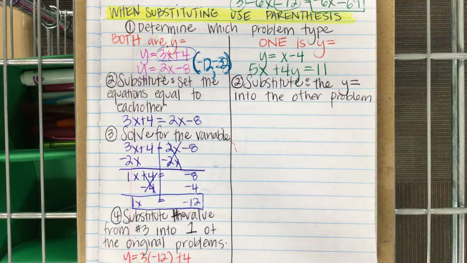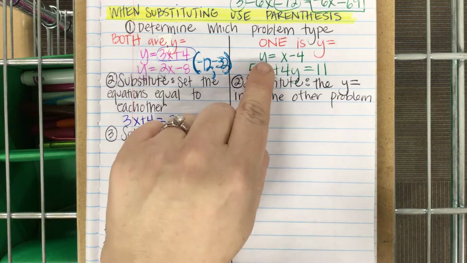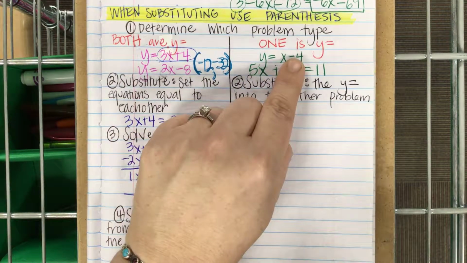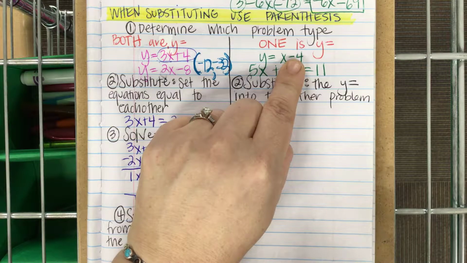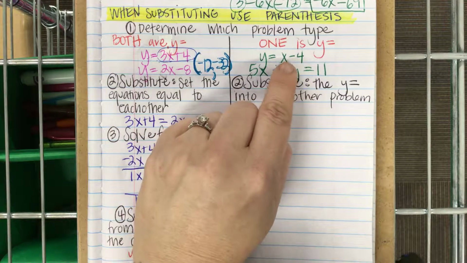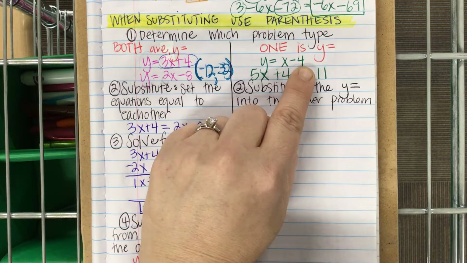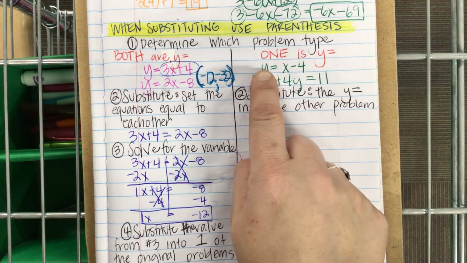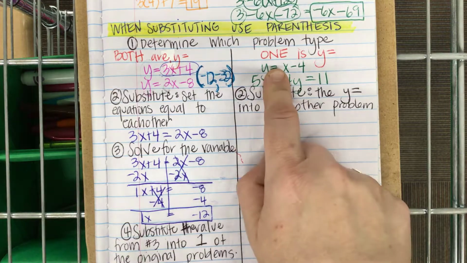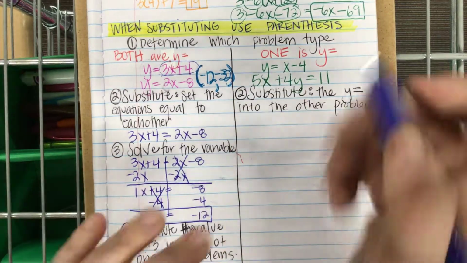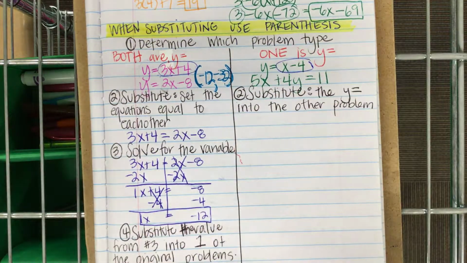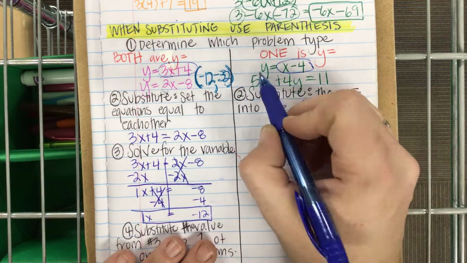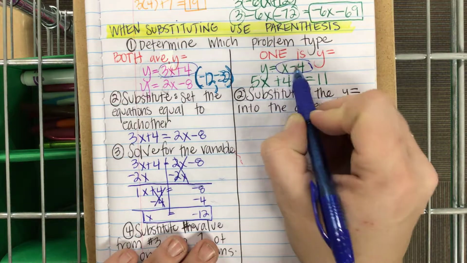But what I can do is instead of the variable y, what could I replace it with? X minus 4. Because y is equal to x minus 4. Do you agree? Y is equal to x minus 4.